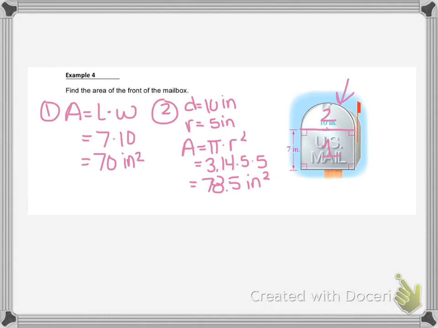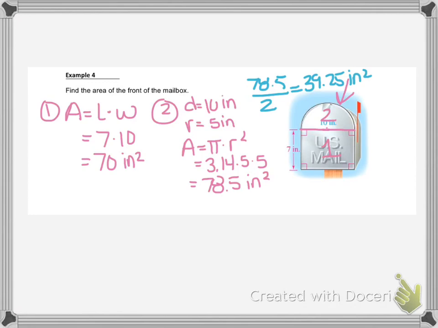But when we look at this picture, it's not a full circle. There's only half of a circle here. So at this point, I'm going to do an extra step, and I'm going to take the 78.5 and divide it by 2. That's how we find half of something. So the area of the circle that we can actually see is 39.25 inches squared.